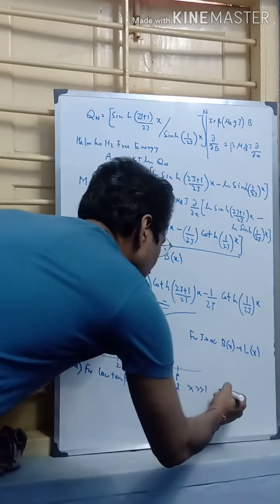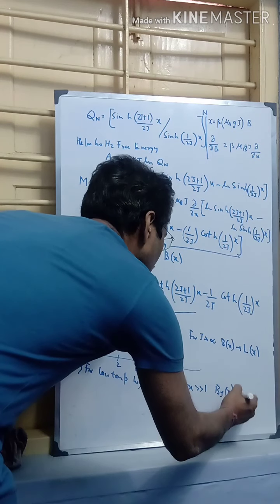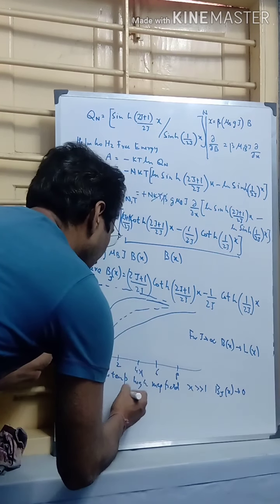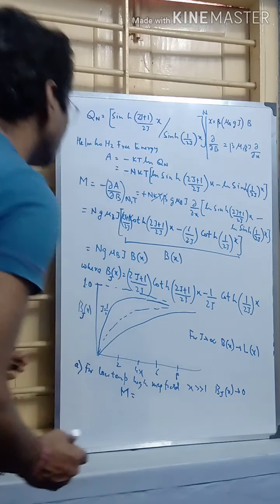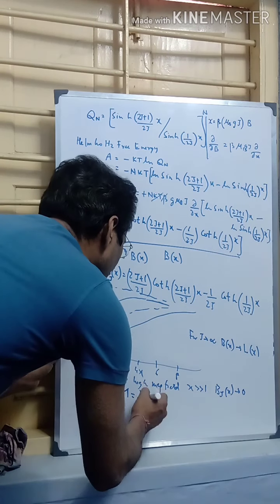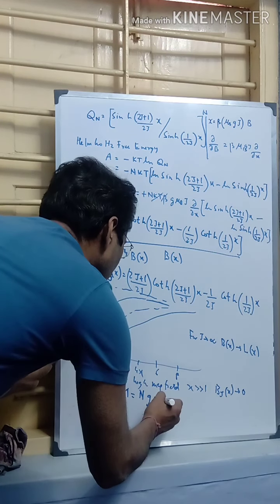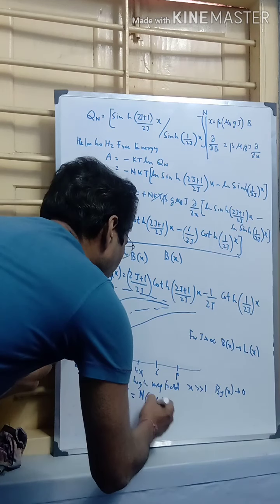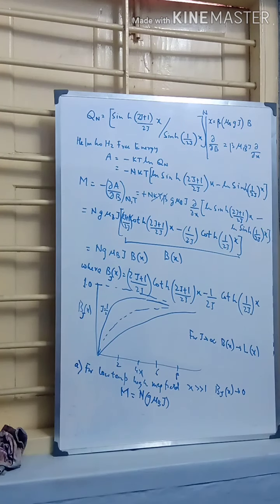In that case, B_j(x) would tend to 1 and the magnetization would be equal to N g mu_B j, where this is the quantum mechanical magnetic moment.